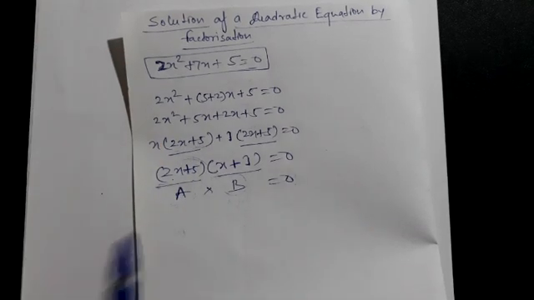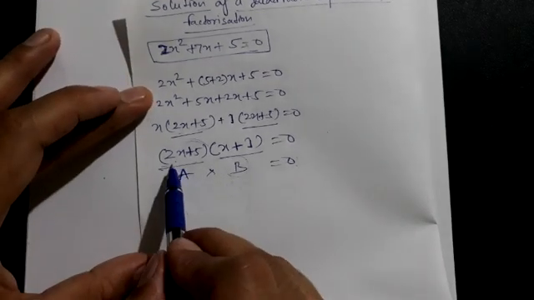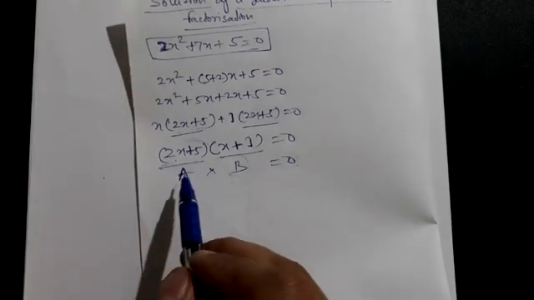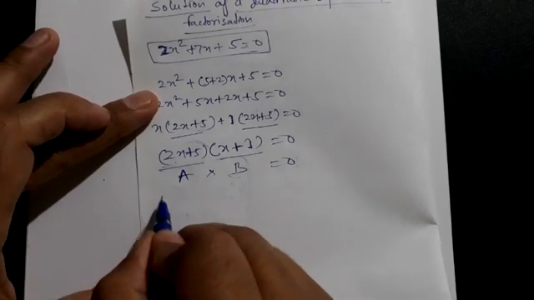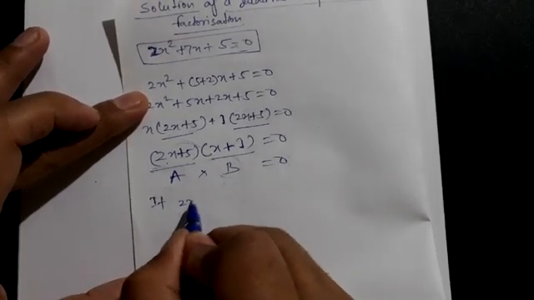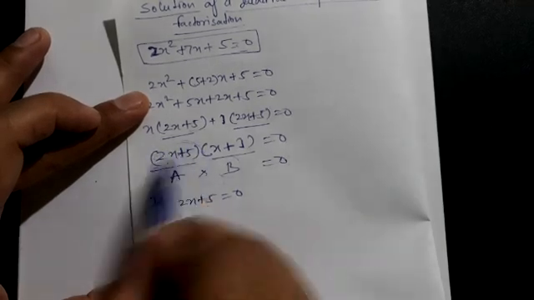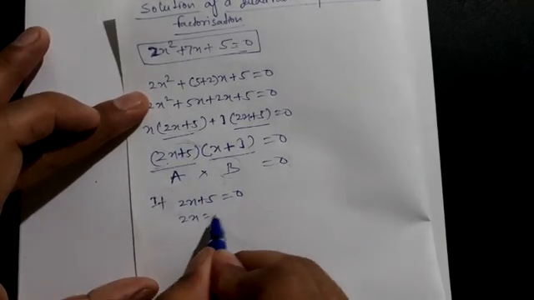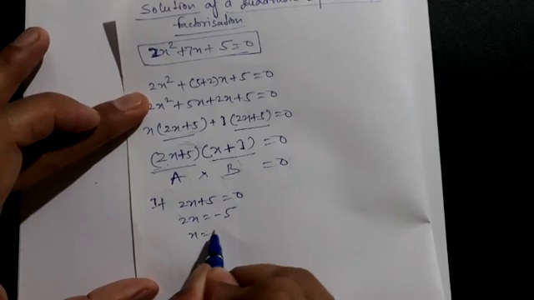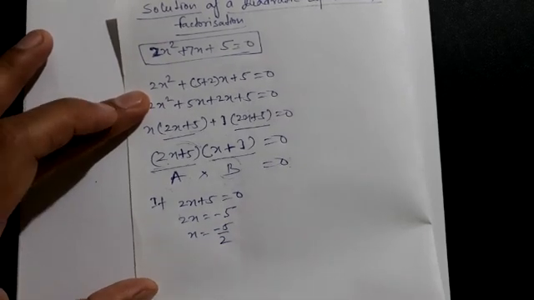Okay, so we don't know which bracket or which factor is 0. So one by one we will keep each equal to 0. If 2x plus 5 is equal to 0, if this factor is 0, so from here 2x is equal to minus 5 and x is equal to minus 5 by 2.